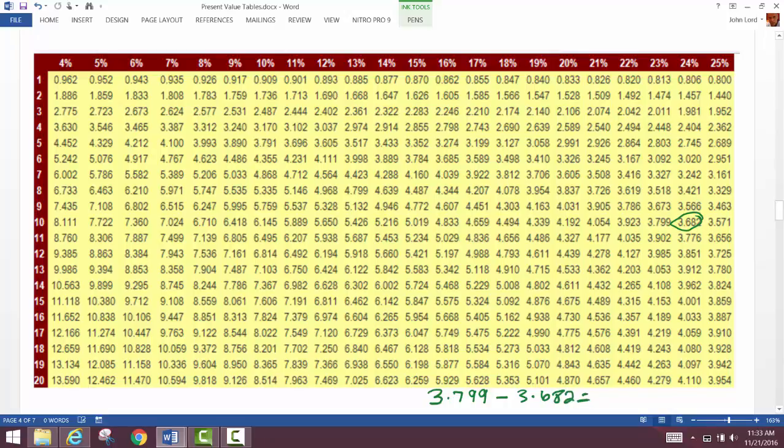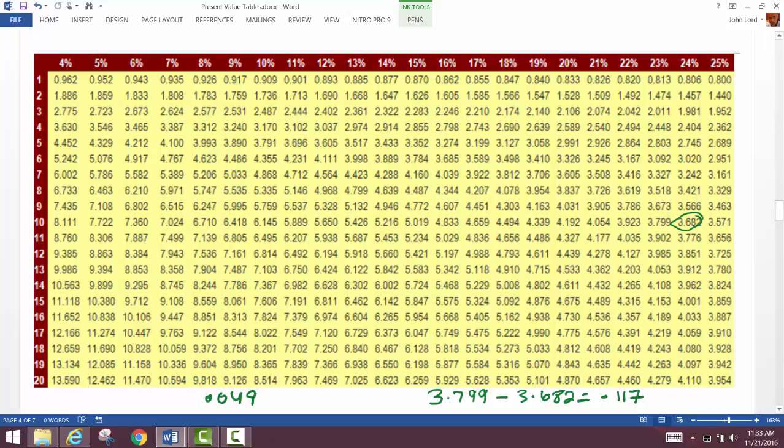So that gives me a total difference between these two numbers of, what? I got 0.117. Okay, the difference between these two numbers is 0.117, right? Meanwhile, the difference between 3.799 and 3.75, we already calculated to be 0.049, right?